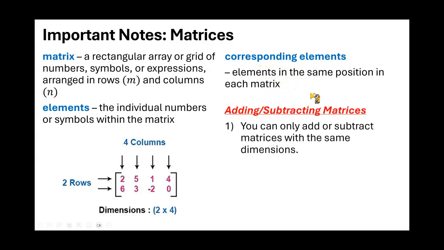Some reminders about adding and subtracting matrices: you can only add or subtract matrices with the same dimensions, so they should have the same shape. You can only add a 2 by 4 matrix to another 2 by 4. You cannot add different-sized matrices. And this is direct: you add or subtract the corresponding elements.